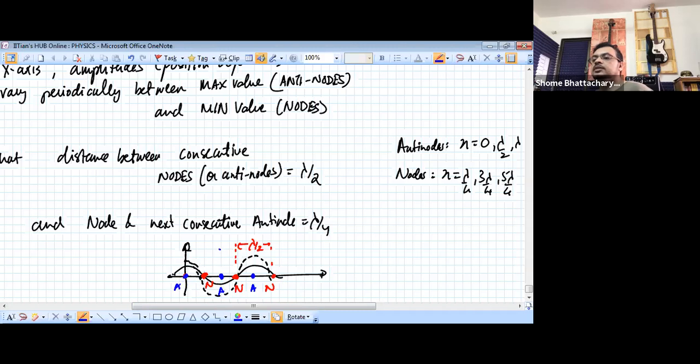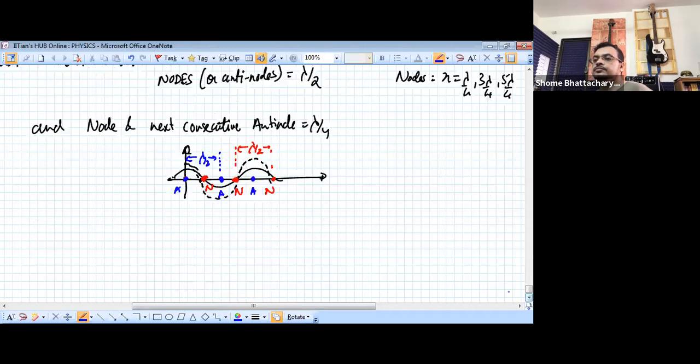Again, the distance between consecutive antinodes is also lambda by 2. And therefore, the distance between a consecutive node and antinode becomes half of that. So this is the full proper interpretation of the standing wave equation, explaining why it is called a stationary wave.